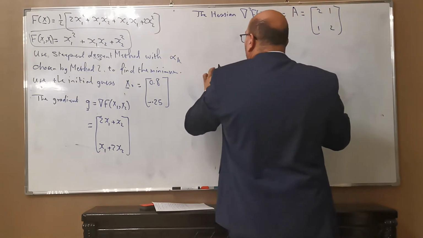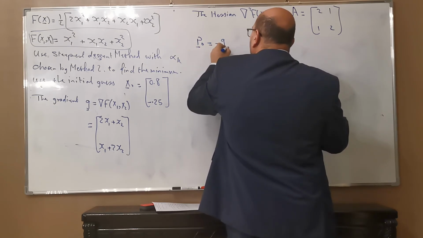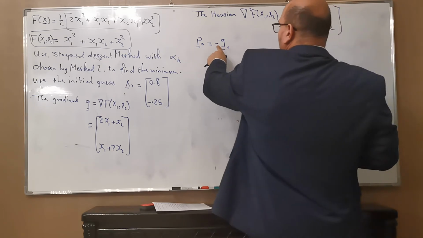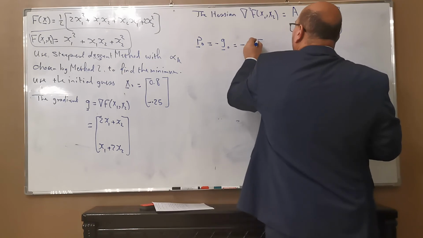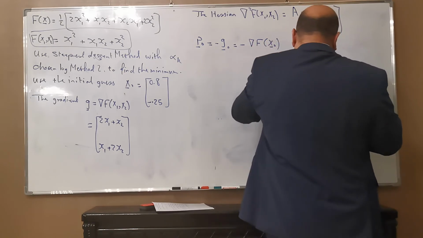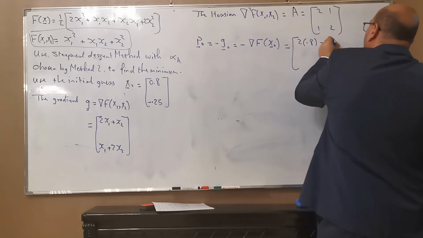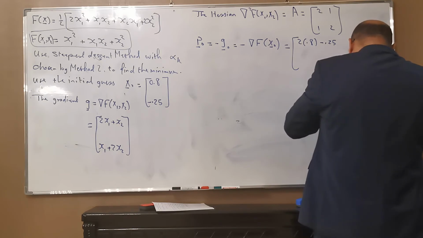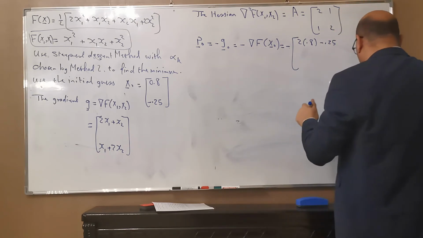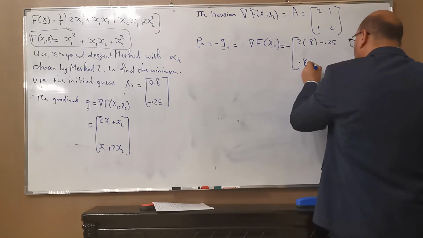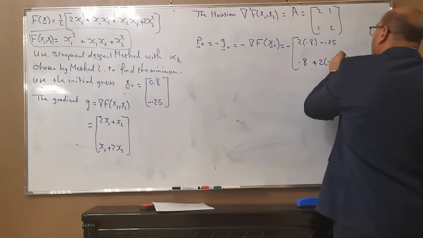So we will find the first direction, which is equal to minus g0. The direction in steepest descent is the negative of the gradient, and this equals minus the gradient of f at x0, which is 2 times 0.8 minus 0.25, with a minus sign outside, and 0.8 plus 2 times minus 0.25.